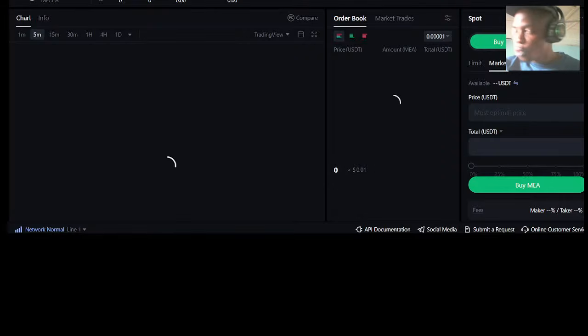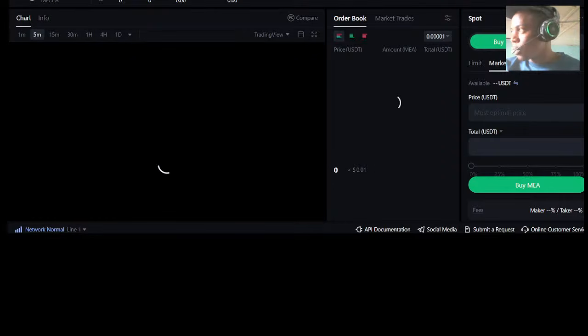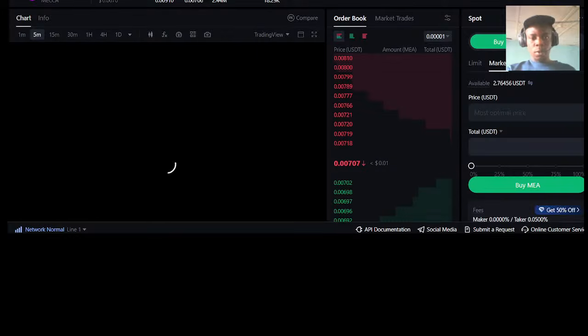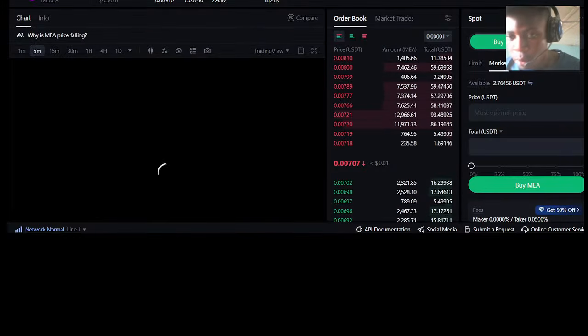So today we'll be comparing MEA. If you are new here, MEA is a Solana based meme token. It's based on the Solana blockchain, and MEA connects trading, gaming, shopping, and Web2 in one ecosystem.